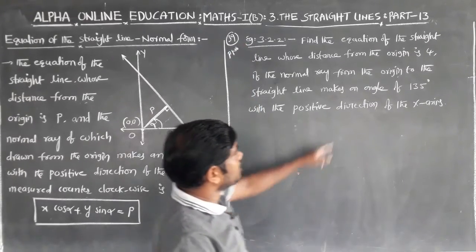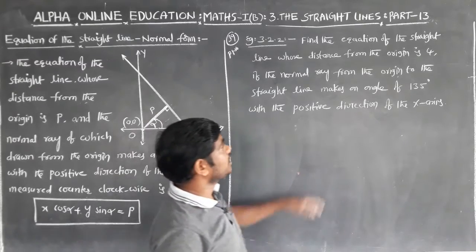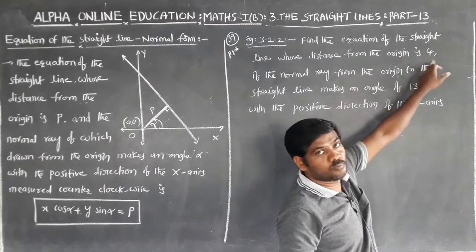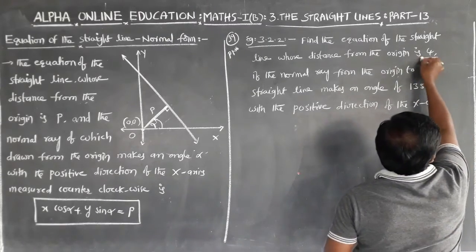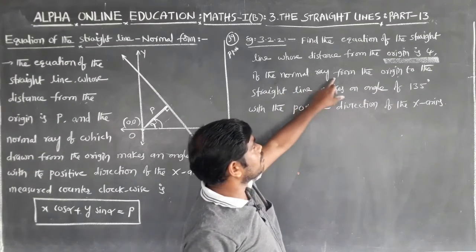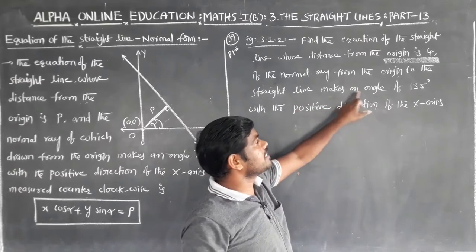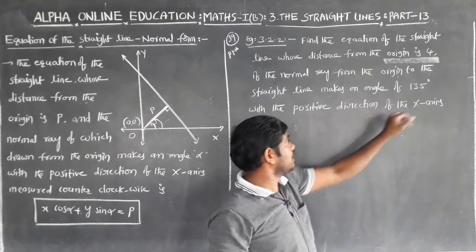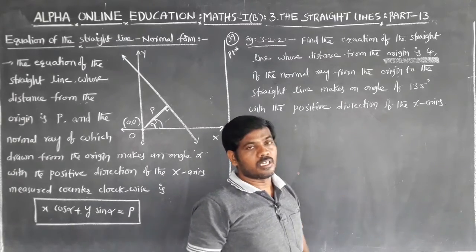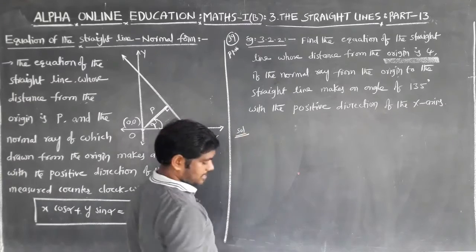Find the equation of the straight line whose distance from the origin is 4, if the normal ray from the origin to the straight line makes an angle of 135 degrees with the positive direction of the x-axis.